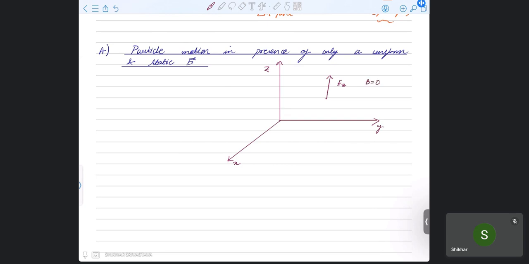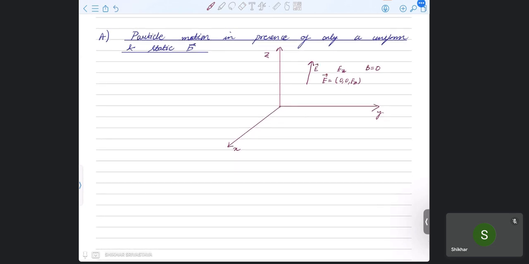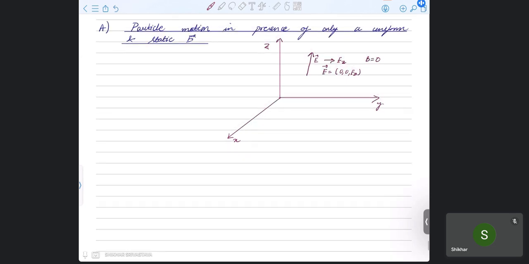There is no magnetic field, and the electric field is present only in the z direction, that means it only has a z component. This is your electric field. The magnetic field is 0, and also the field is uniform. By uniform it means it is homogeneous, that it doesn't vary in any direction. In the z direction, because it's only present in the z direction, that means it is uniform in space.